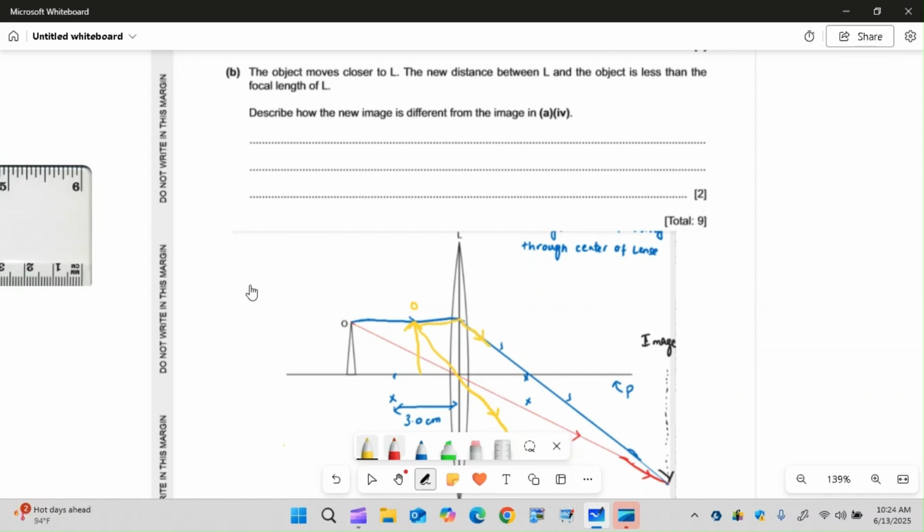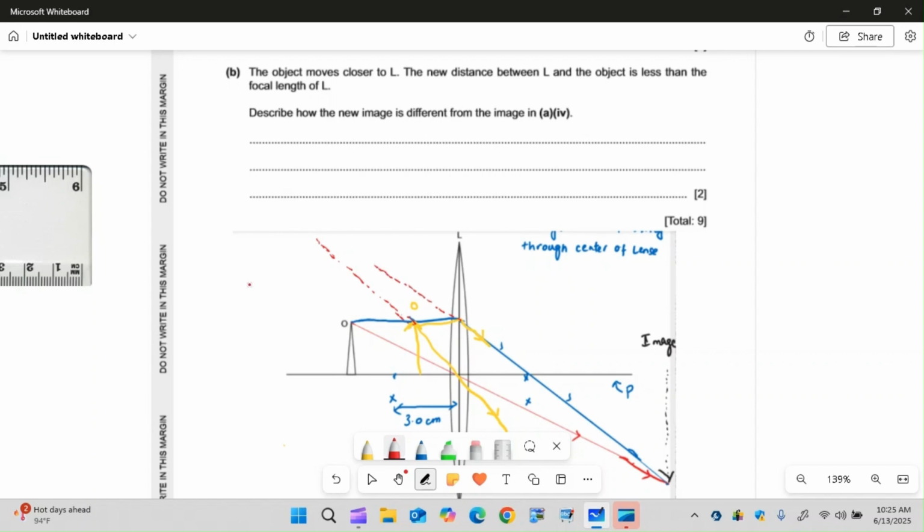Now if I extend these rays in the backward direction, like this one, it seems to come from the optical center, and the other ray that is emerging from the focal point.